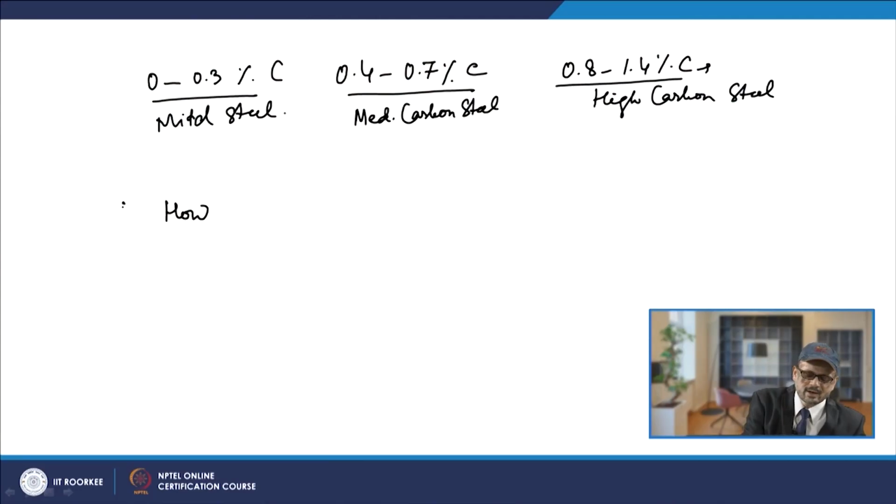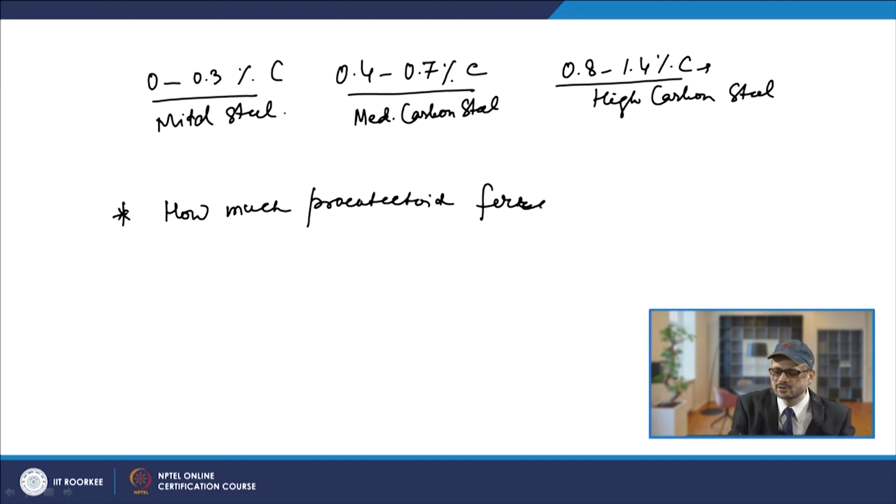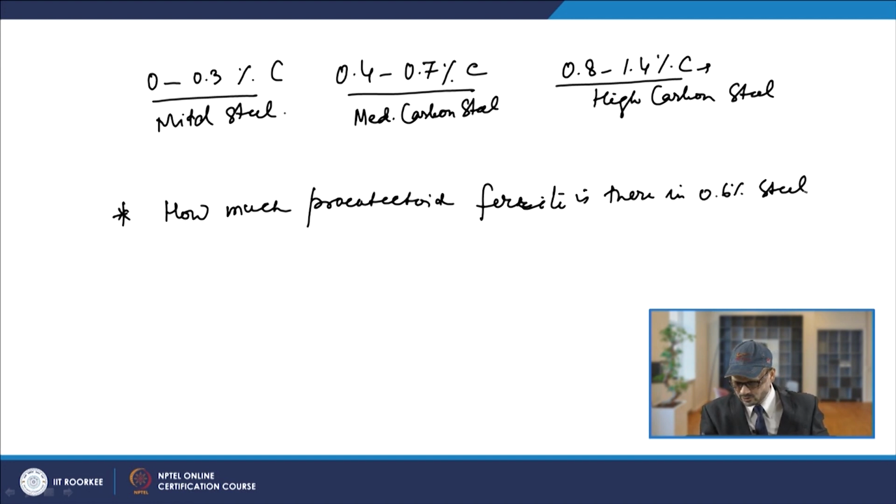Suppose you are asked how much pro-eutectoid ferrite is there in 0.6% carbon steel that is slowly cooled, and also how much will be eutectoid ferrite.